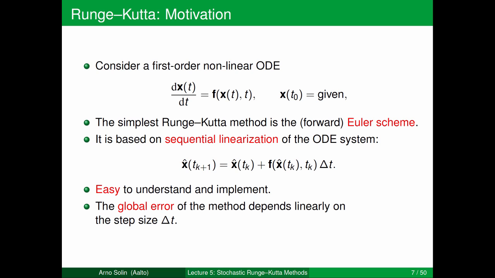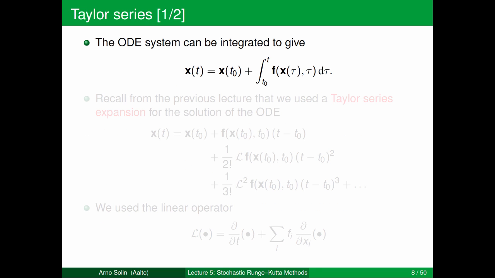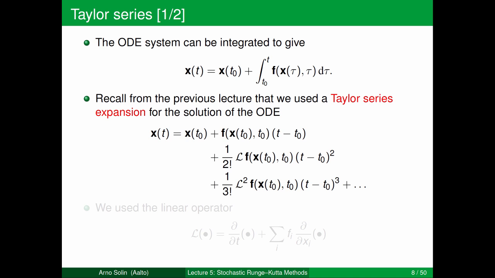Let's extend this a bit. The ODE system in the previous slide can be integrated to give the following. Now, recall the previous lecture where we used Taylor series for expanding the equation. Now we get the series expansion of the following form, where a couple of the first terms have been written out.